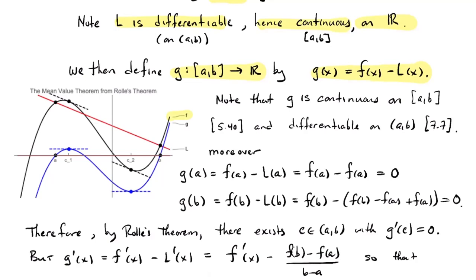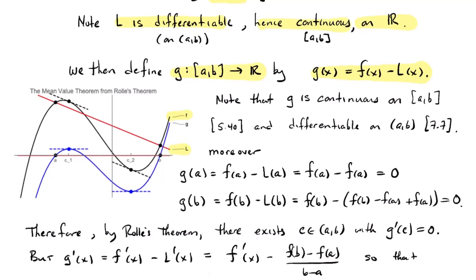And what I'm doing is, y coordinate by y coordinate, subtracting the y coordinates on that line L from the y coordinates on the graph f to make that blue graph g. All right. I'm going to get to this in the body of the proof, but you can see because f and L have the same y coordinate at a and b, g is going to be 0 there. Okay.